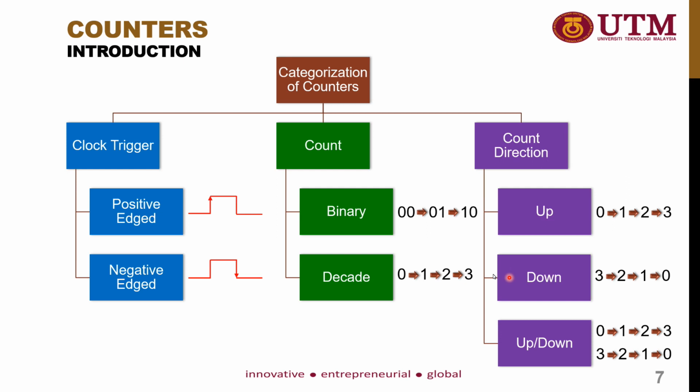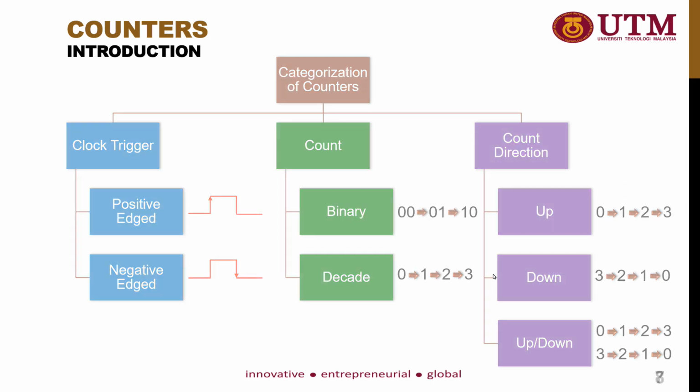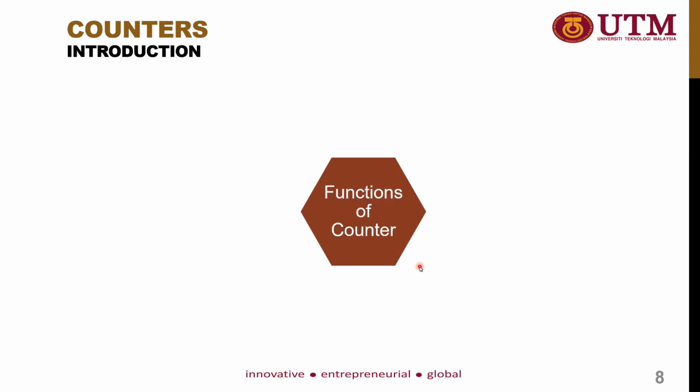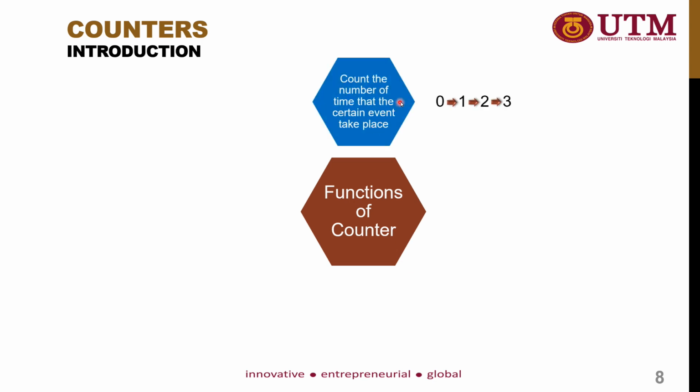Next, I will show you the functions of counters. So what are the functions of counters in a digital circuit? The first function of a counter is to count the number of times that a certain event takes place. For example, if you want to know the number of events that occur, such as if you want to switch LEDs on or off, you can count how many times you want the LED to be switched on or off by using counters.